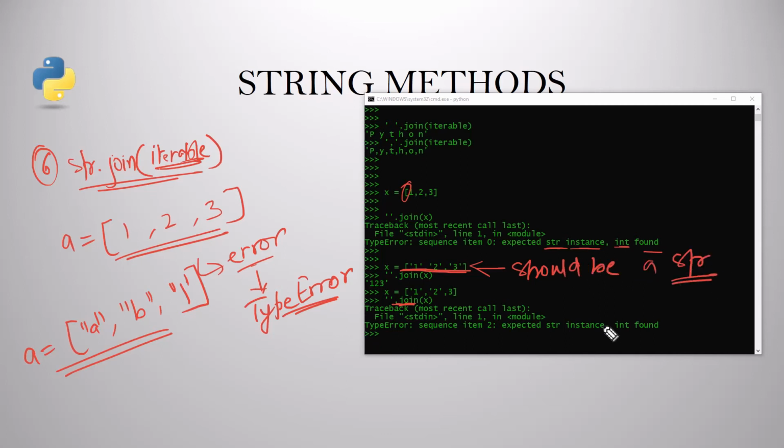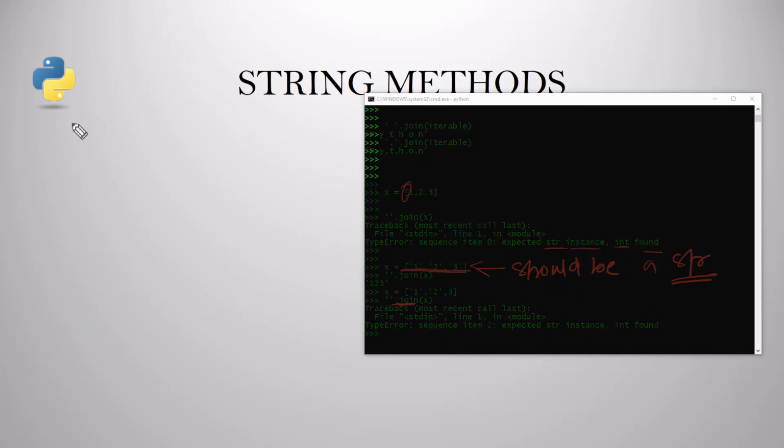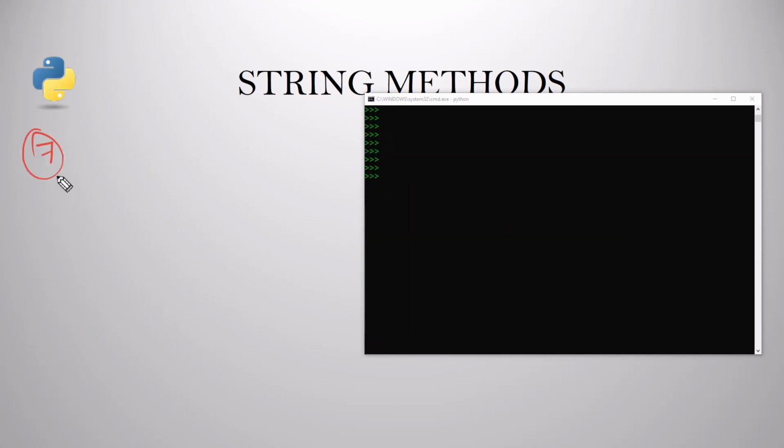So the seventh method is str.split. Here you have to give a separator, default is None, and maxsplit, default is -1.